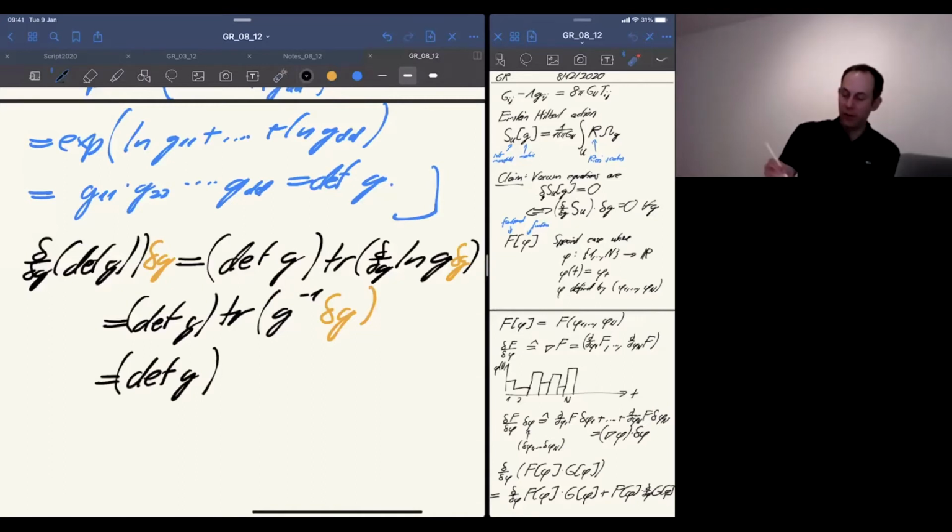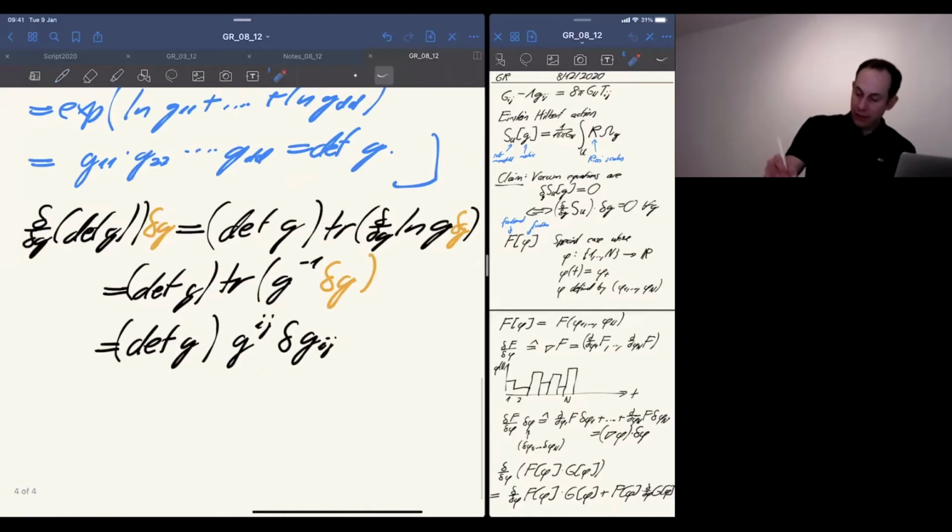So the inverse matrix of G is by definition G^{ij} with upper indices. Remember, that's how we defined G with upper indices as the inverse of G. And then the delta G_{ij} has just indices downstairs, and because of the multiplication and the trace, we have the same indices on both sides. So now we understand this thing here.